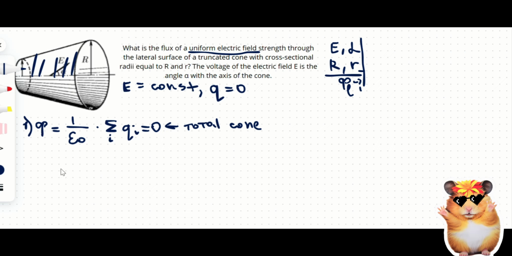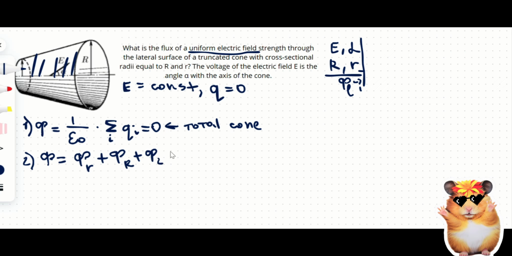But our cone consists of its bases, the small and big bases, and the lateral surface. So each of them has its own flux. So let's write our total flux as the flux of the small base plus the flux of the big base plus the flux of the lateral surface.